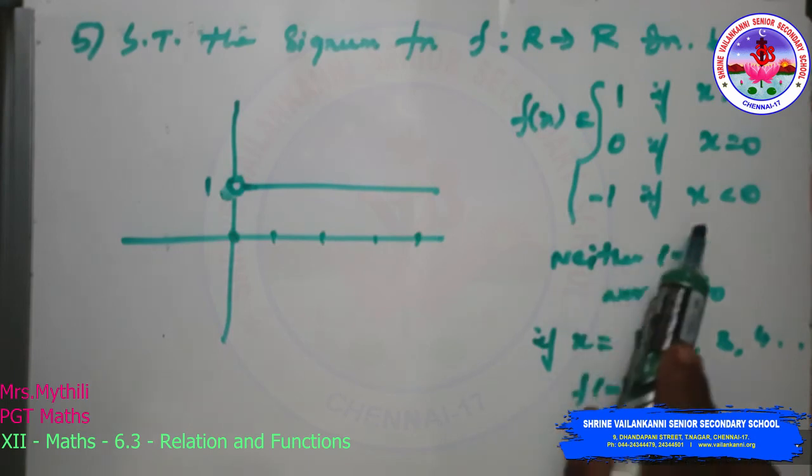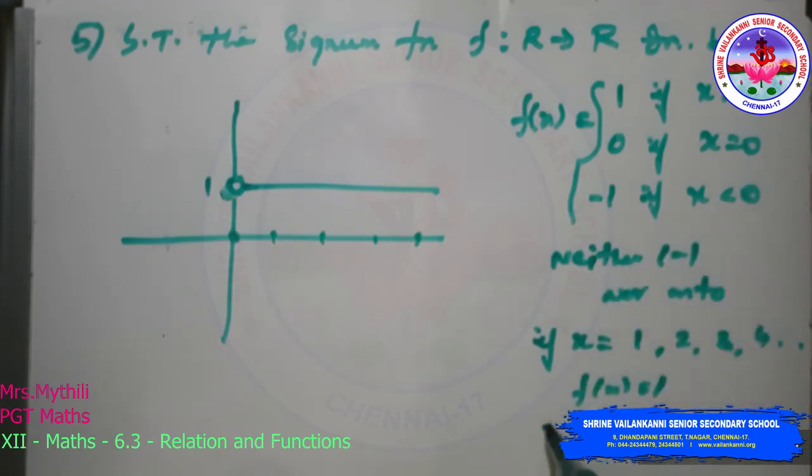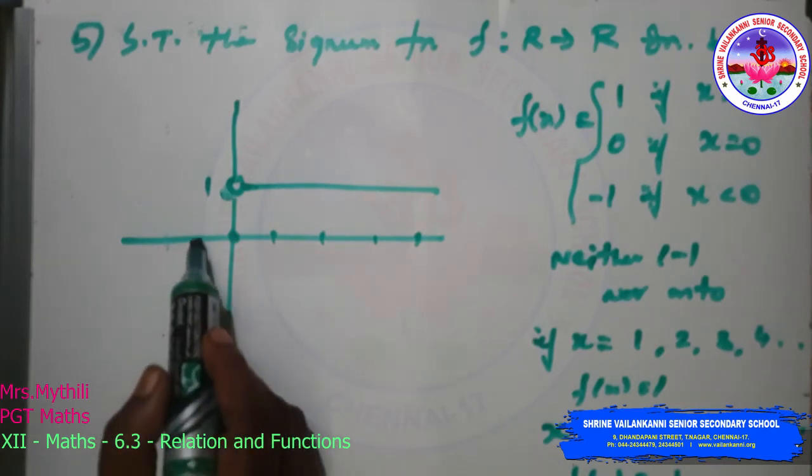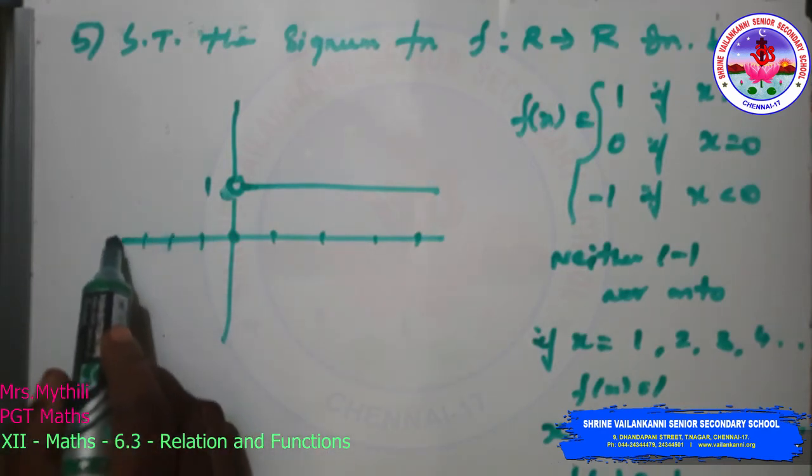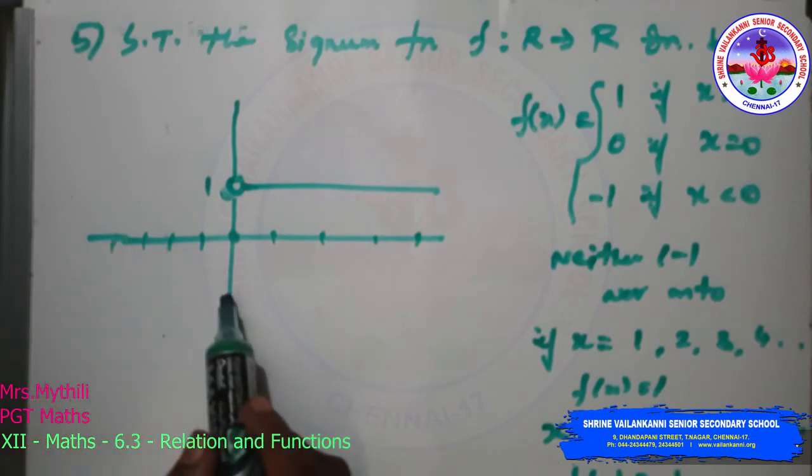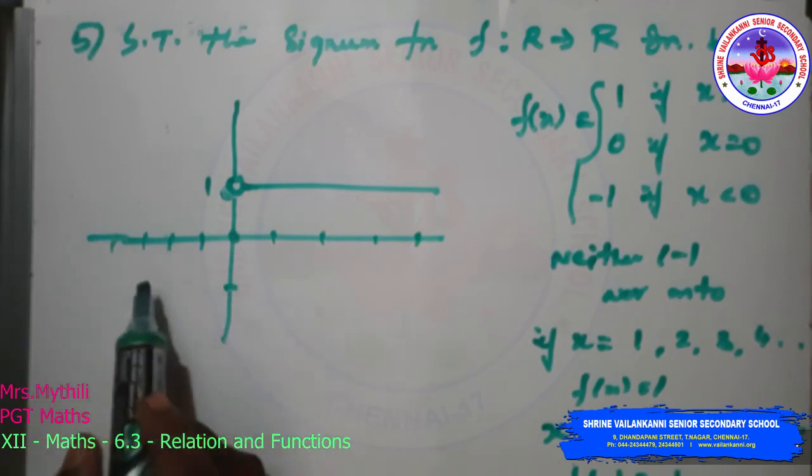And similarly, if x is less than 0, that is if x takes values minus 1, minus 2, minus 3, minus 4, etc., then f of x is minus 1, that is y is minus 1.